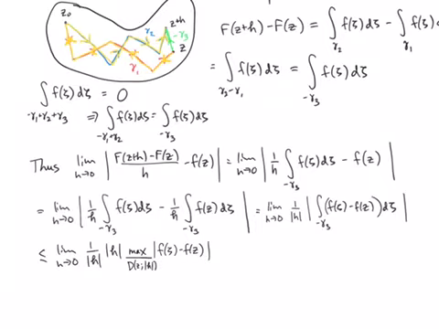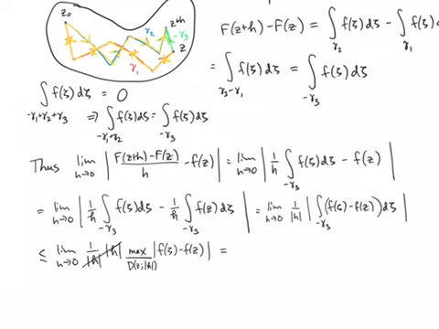Well, the h's cancel, and then that maximum, since f is continuous at z, f of zeta has to be getting arbitrarily close to f of z as zeta goes to z.